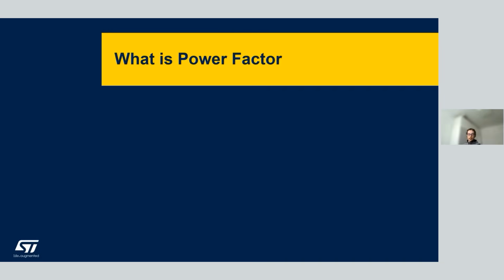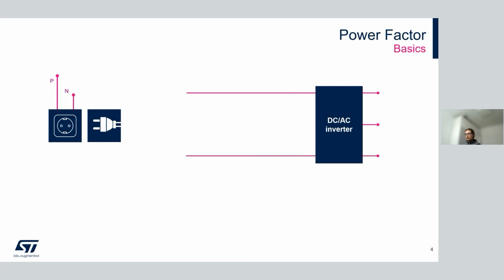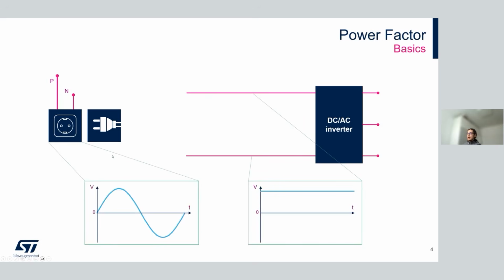So just to start from the beginning, what is the power factor and why do we need it? Basically, in the power socket, we have a sinusoidal voltage, but for our inverter, for our application, we usually require DC voltage.